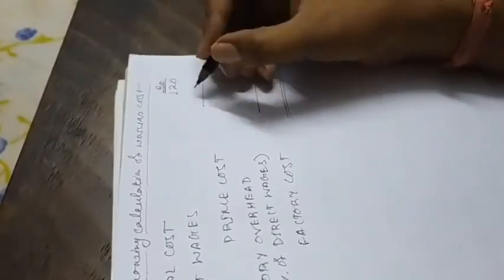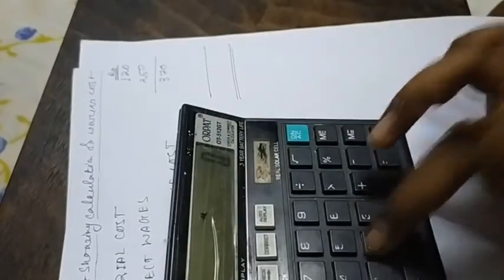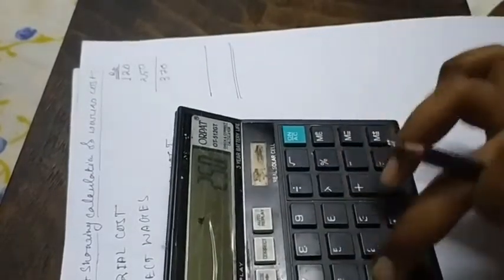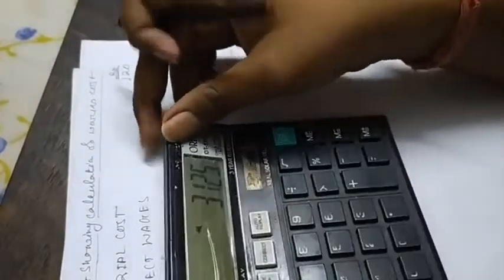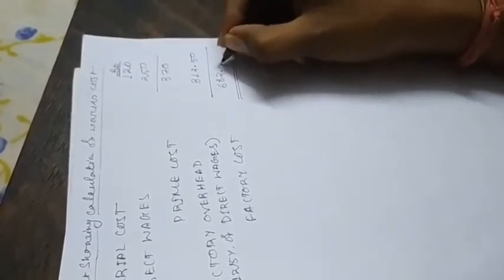So direct wages I have just calculated, this is 250, and the sum of them is 370, and factory overhead is 125% of this. So this is 312.5, so that is 682.50.